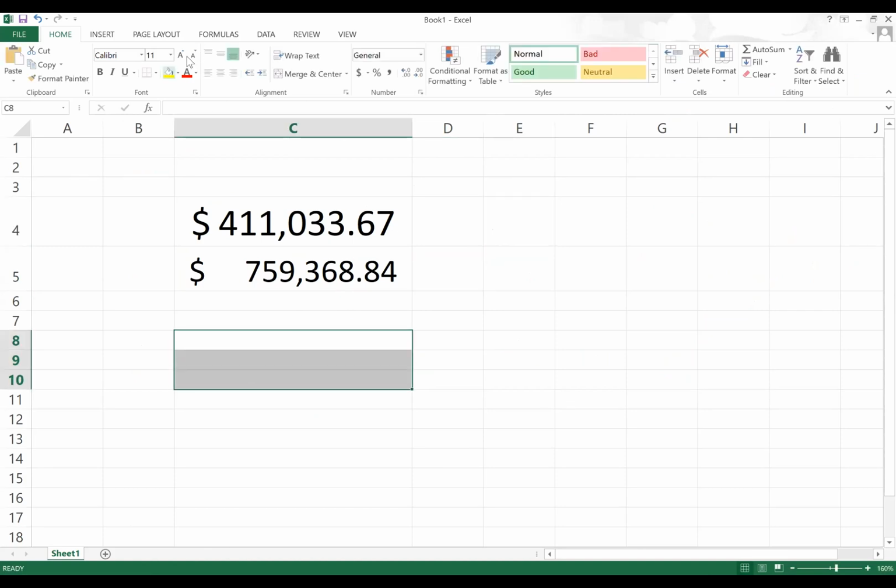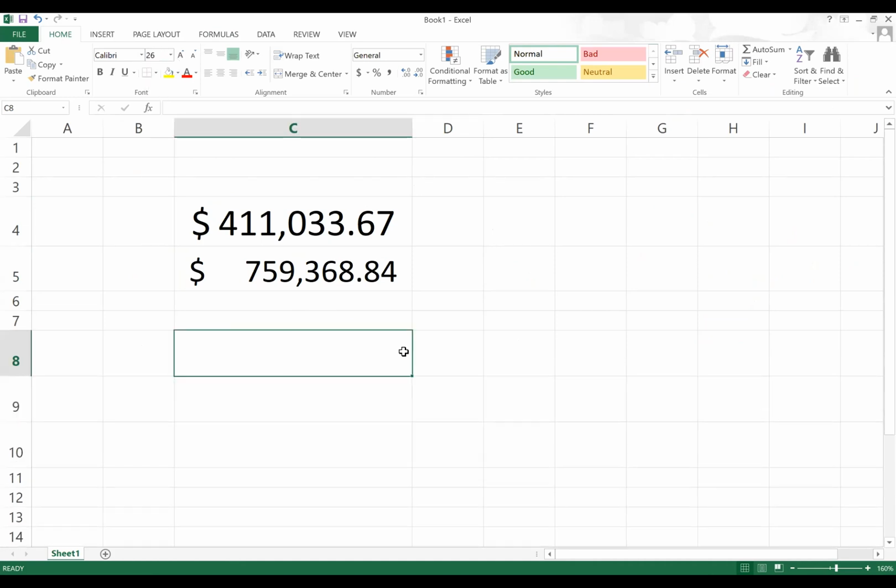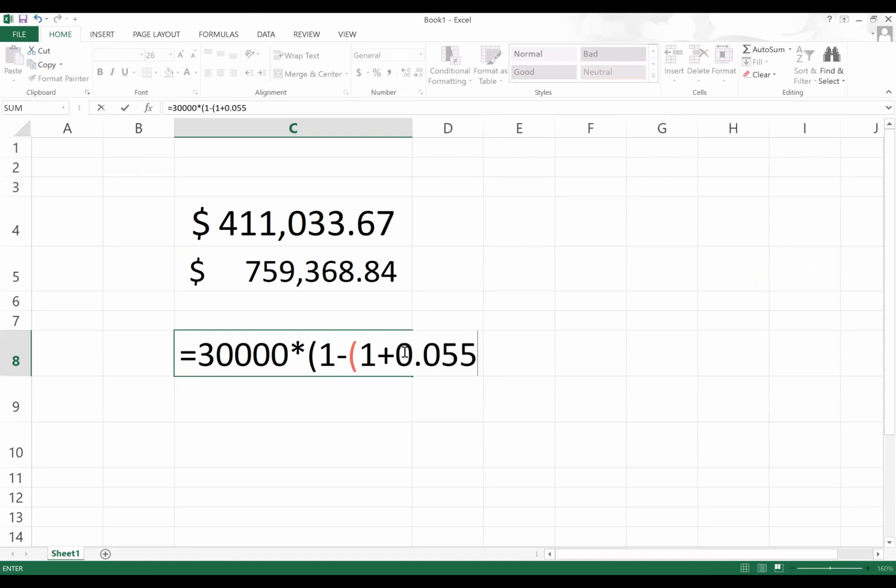Let me try to make it a slightly bigger font size. Okay, here you go. All right, 30,000 multiplied by open parentheses 1 minus 1 plus the rate, 0.055 over 2, raised to negative 2 times 30.